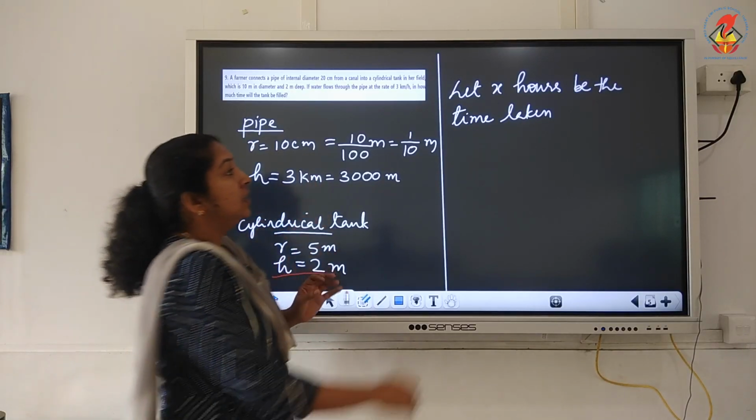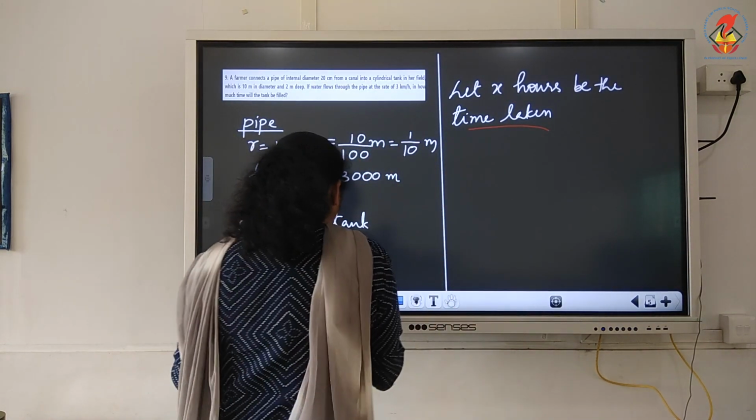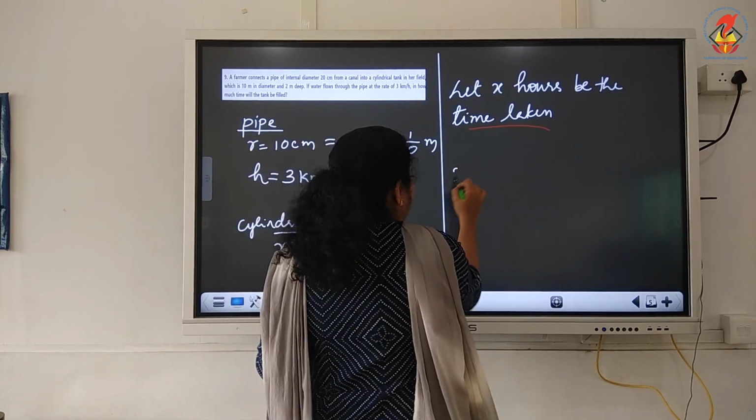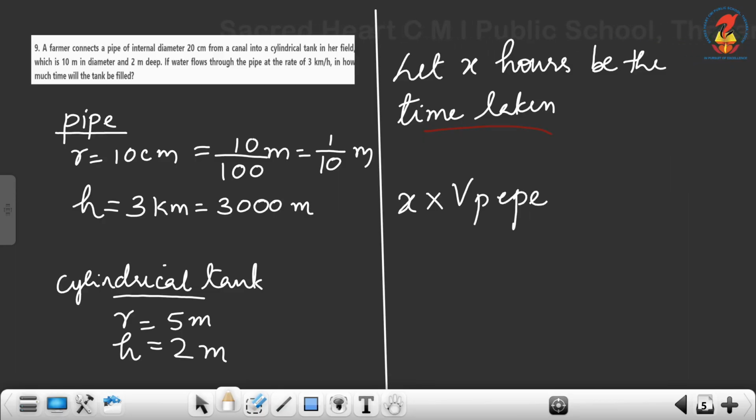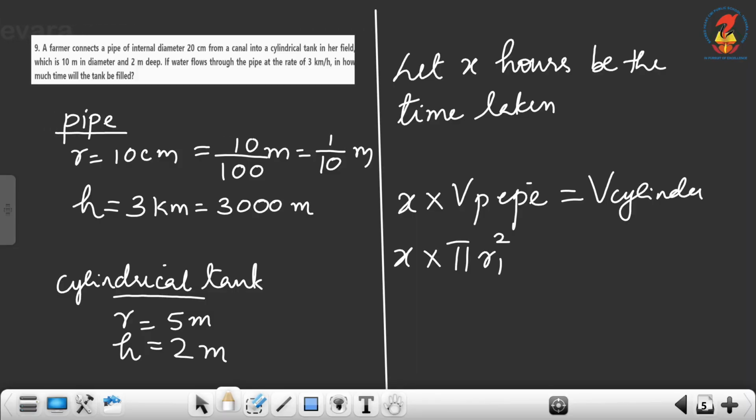Let x hours be the time taken. So, x into volume of the pipe will give volume of the cylinder. What is the shape of the pipe? Pi r square h itself. So, x into pi r1 square h1 is equal to pi r2 square h2. Pi and pi we can cancel. So, we have to find x.